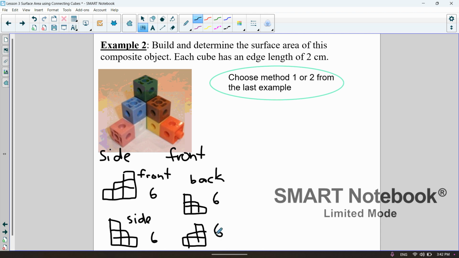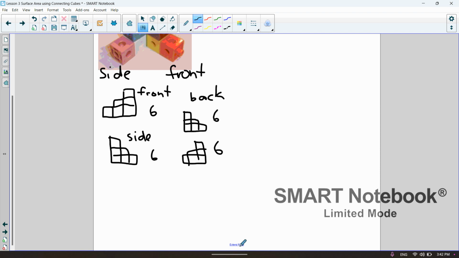So the only thing that I have not done yet is the top and the bottom. So I'm going to flip it to the bottom and I get an L shape, a bigger L than the last example though. That has 5 in it. And then the top has 5 as well. So go ahead, add those numbers up.